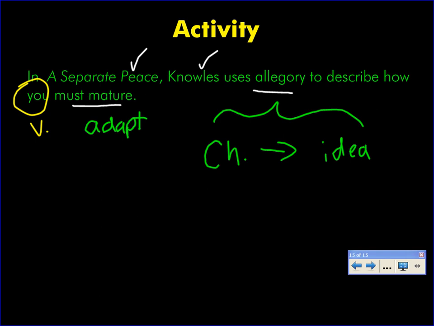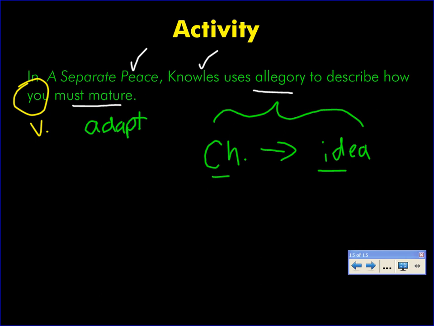What is inherent in allegory? When I say allegory, what do I mean? A character representing an idea, right? So your claim is actually a little bit more complex than you thought. You have allegory and you have a secondary effect after allegory. That's a lot of material.